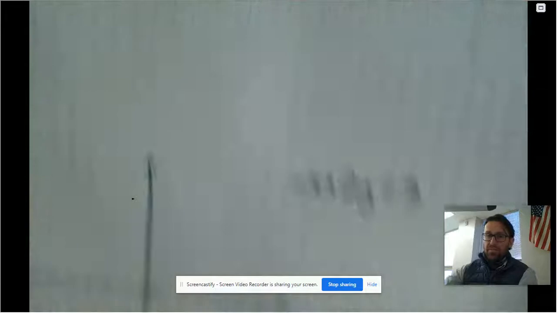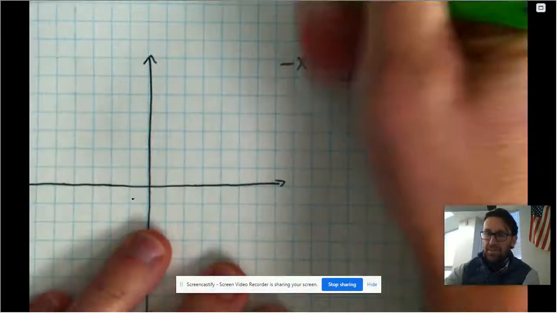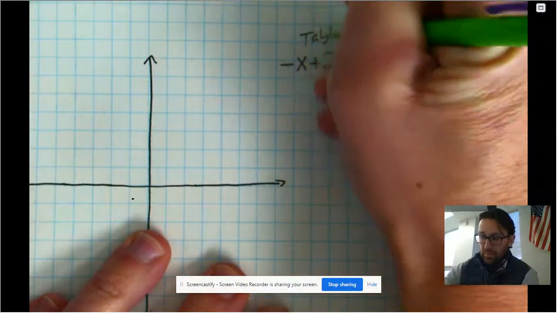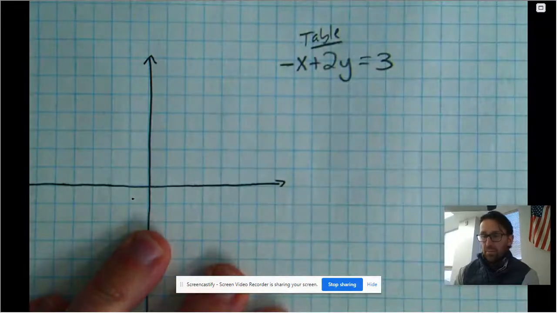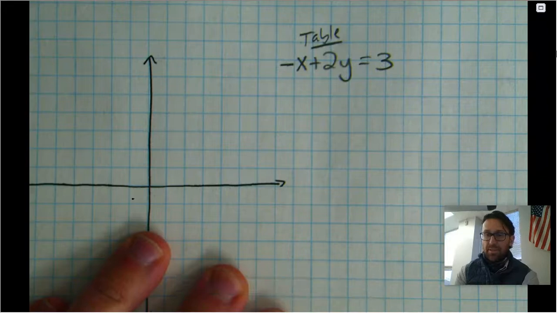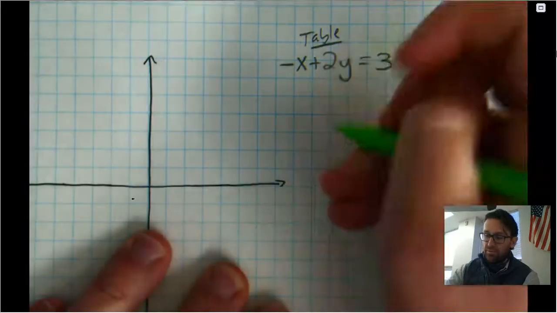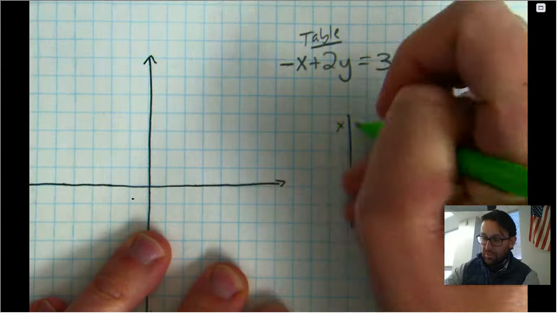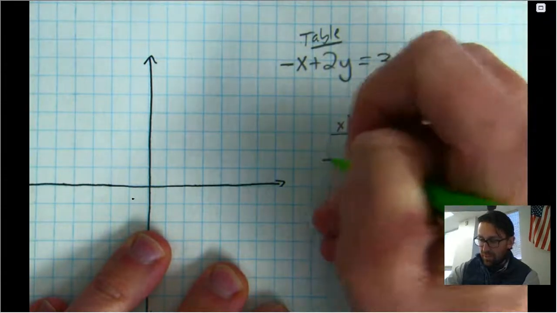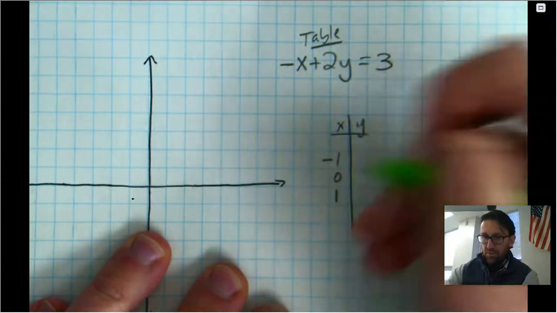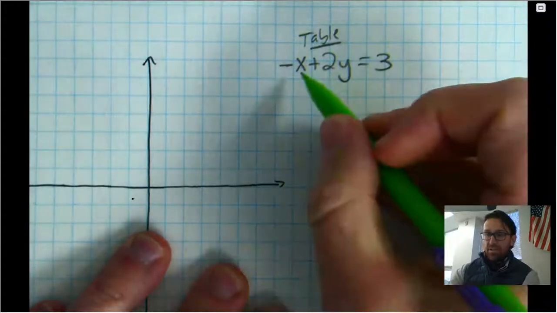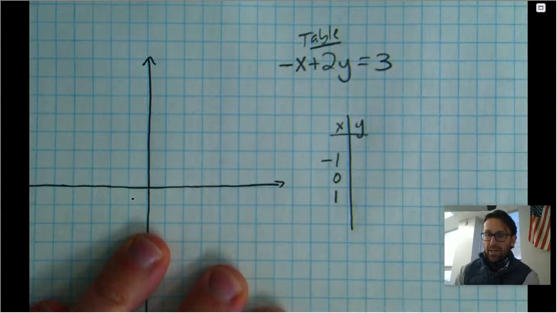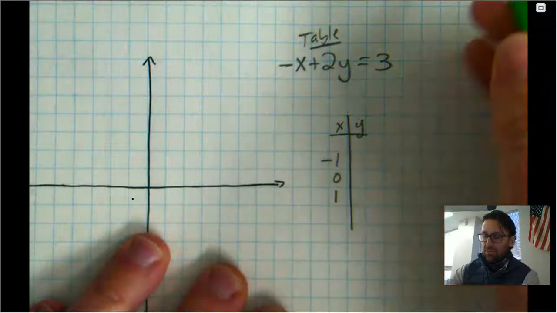Now, another method to graph a line would be making a table. Making a table is a very, very important way to graph not just lines, but you can graph anything by making a table of values. So what you would do is, I like to start with -1, 0, and 1, and I plug these values in for x, and then I get my y values.